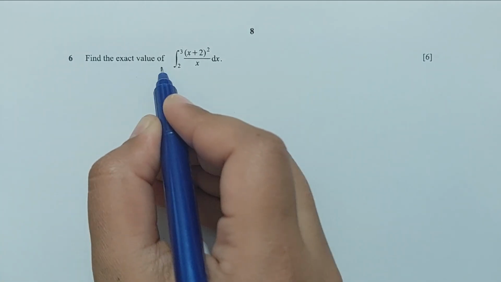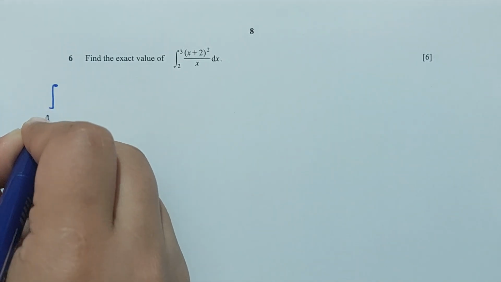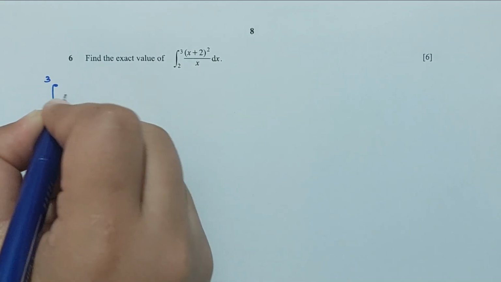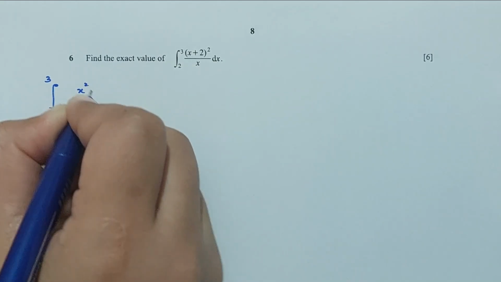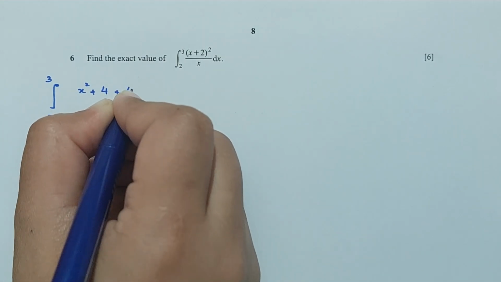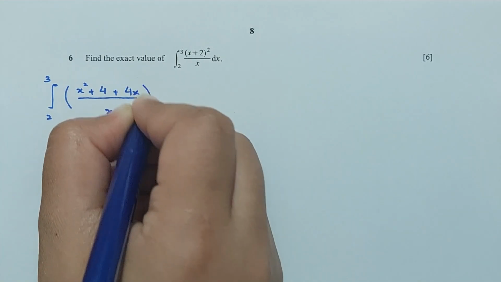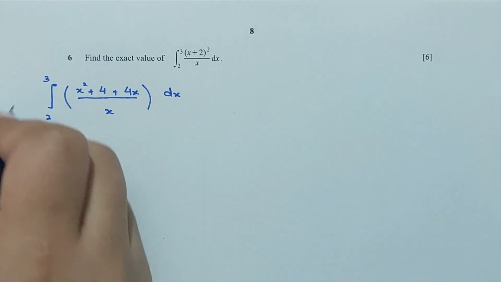Question number 6, find the exact value of this integral. Okay, so we have 2 and 3. Opening the square, x squared plus 4x plus 4, divided by x squared, dx, right?